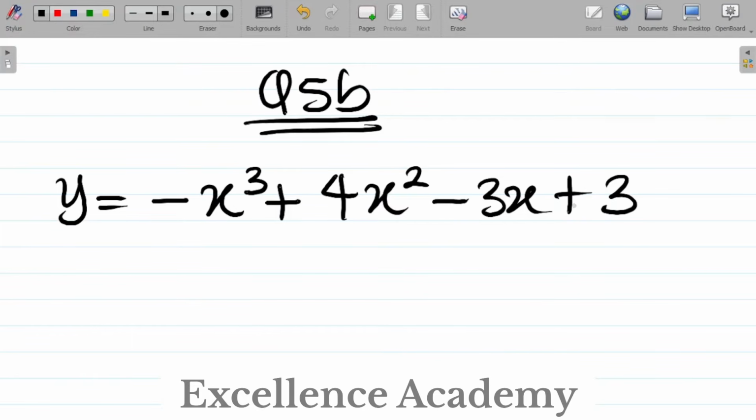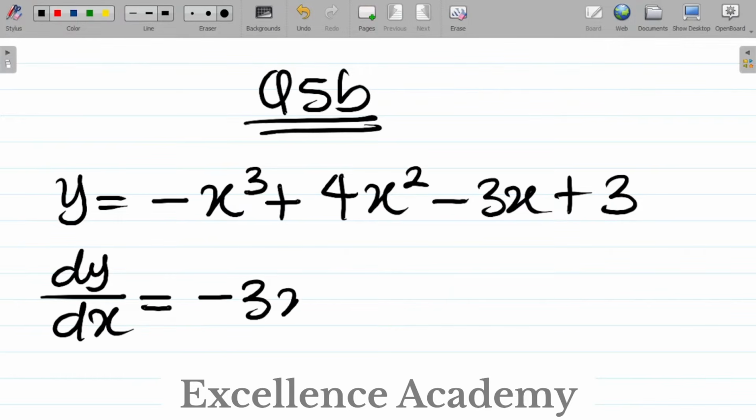Now, to solve this, we would have to use something called the second derivative test. Before we do that, let's first of all get the value of dy dx. If I differentiate minus x cubed, I'll have minus 3x squared. Next, if I differentiate 4x squared, you have 8x.